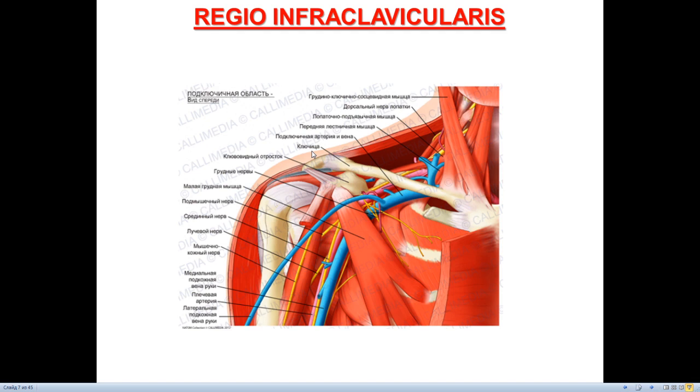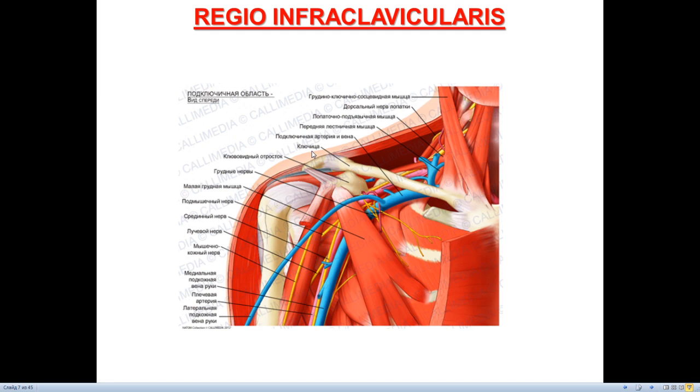External landmarks: sternum, clavicle, acromion, third rib, pectoralis major and deltoid muscles, and the groove between them, sulcus deltoideopectoralis.